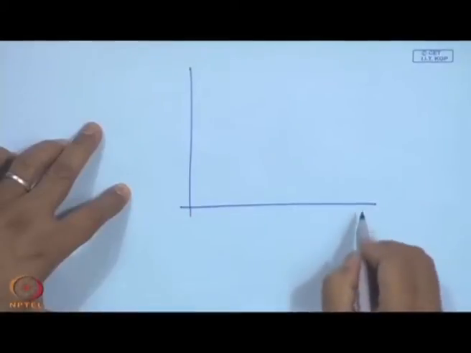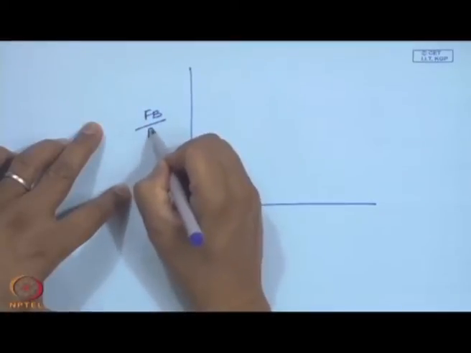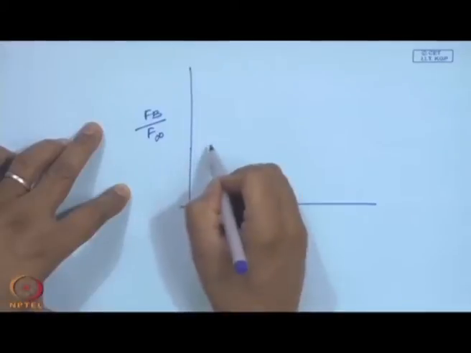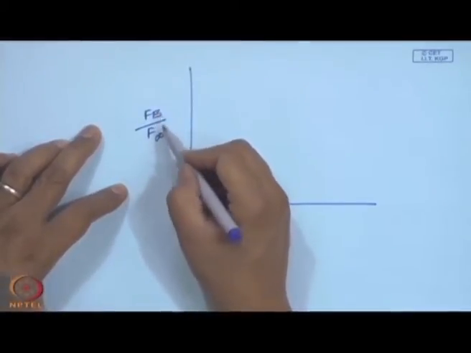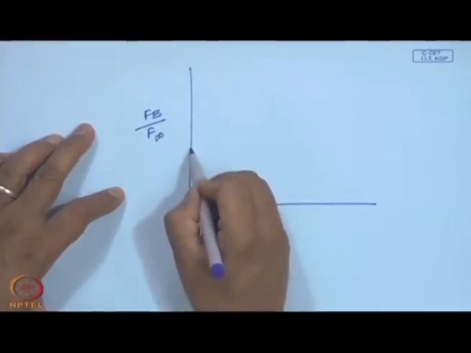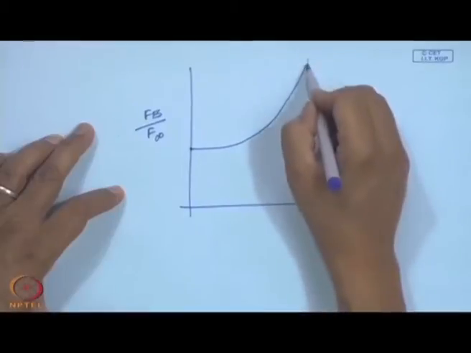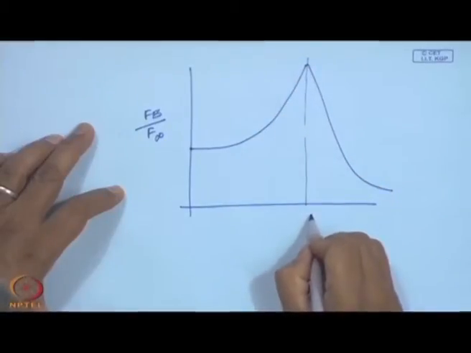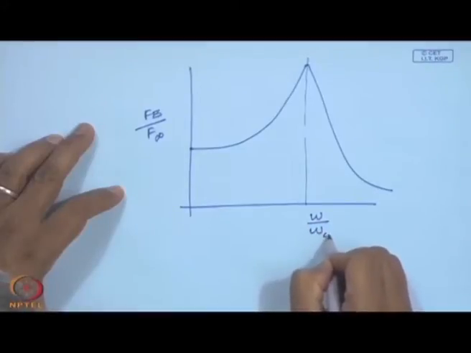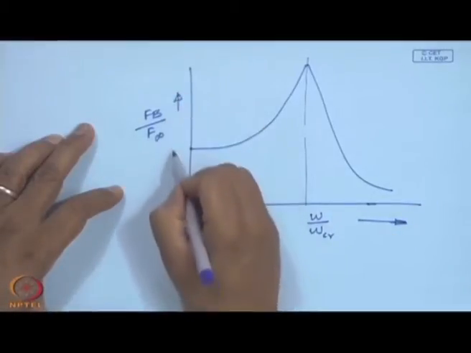Now, if I think of a rotor system, let me just draw this. The ratio of the dynamic force to the forces on the supports when the supports have a rigid stiffness. And this is u.